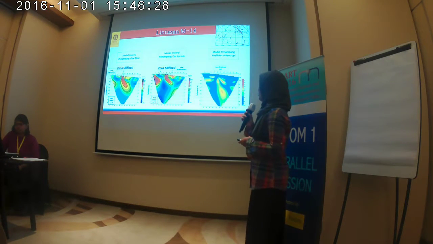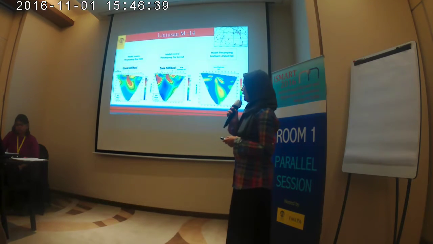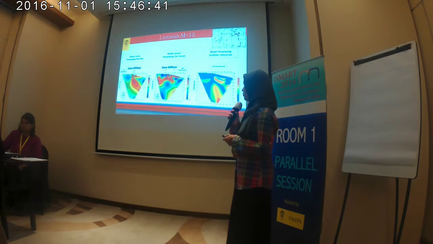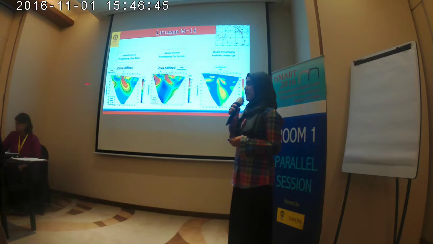And for the M13 line, in the inversion model of raw data, the silicification zone is indicated at distance 100. The silicification zone is shown by red color, high resistivity.